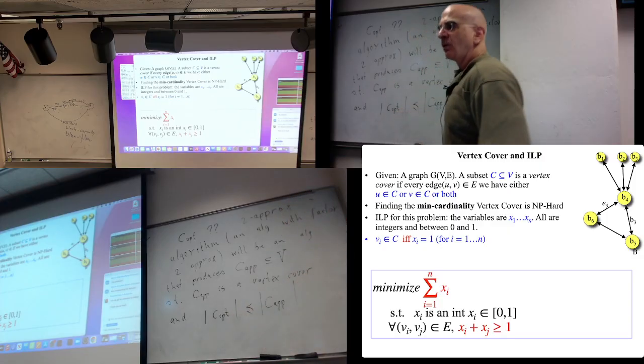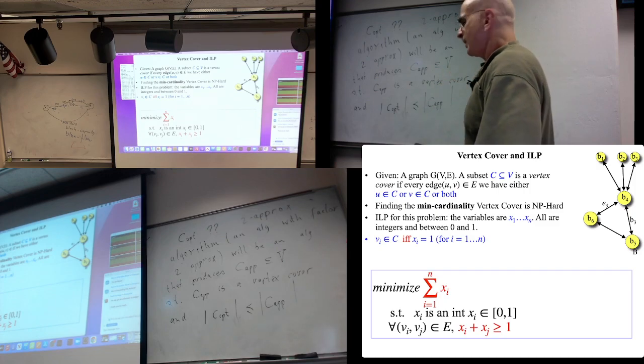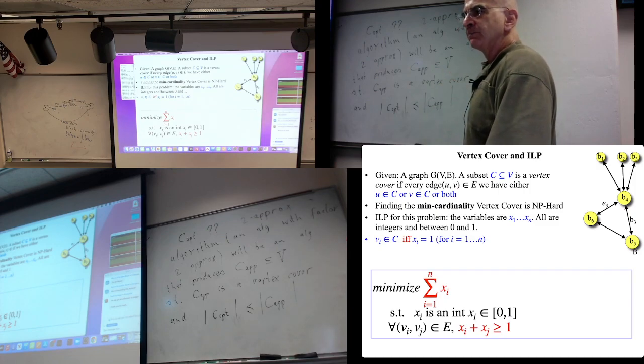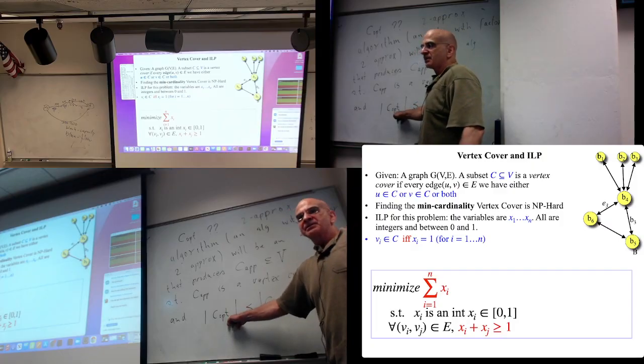C opt was the optimum that only some oracle or ILP can find for me. C approx is something that I'll show you is really, really easy to find in linear time. Obviously, C approx will not be the optimum.